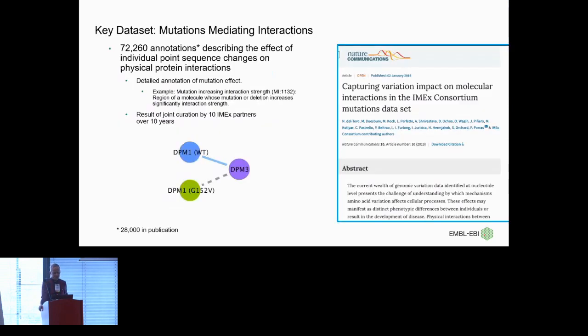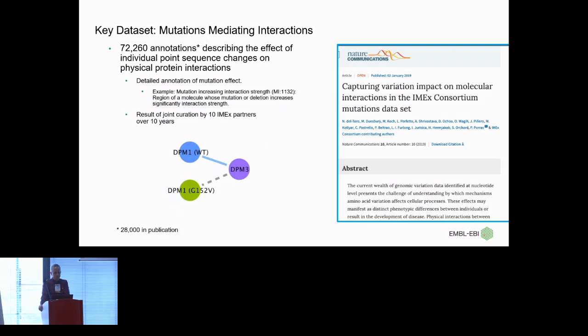The detailed annotation also allows us to focus on variants, and we have a key data set which is continuously being maintained, where we annotate the effect of sequence variation on the interaction: whether the interaction remains the same, whether the interaction strength is increased or decreased.